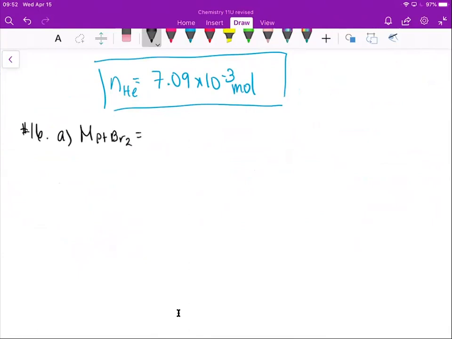So I'll write it out. I have 195.08 plus 2 of 79.90. This is what it works out to.